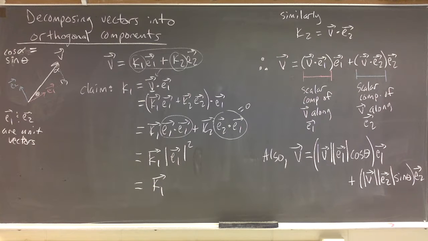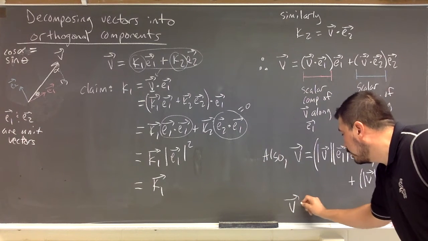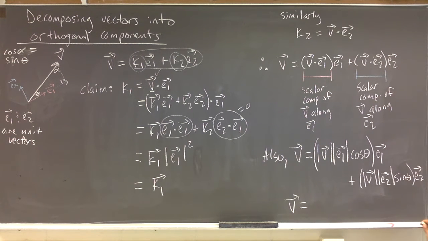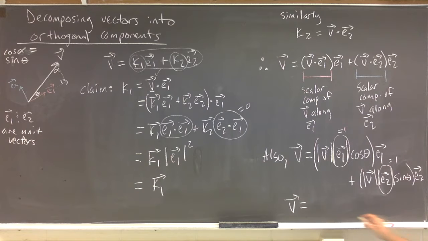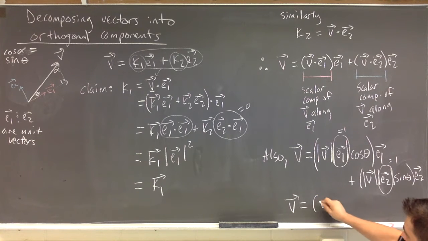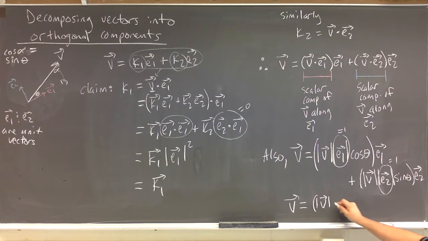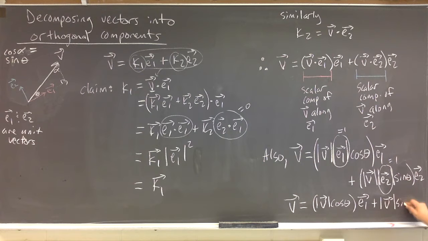Okay, and this turns into what you're probably used to seeing and what you've been doing since last year. These magnitudes for E1 and E2 are just equal to 1. And so what we really get is just the magnitude of V times the cosine of theta times E1 plus the magnitude of V times the sine of theta times E2.